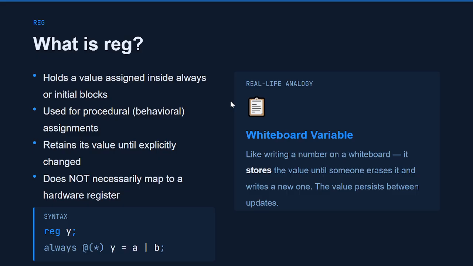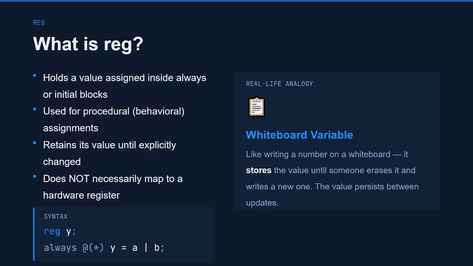After that, it will check that value and update it. Until then, reg will store that value, a is equal to 0, b is equal to 0, until it is updated by a new value, like a is equal to 0, b is equal to 1.